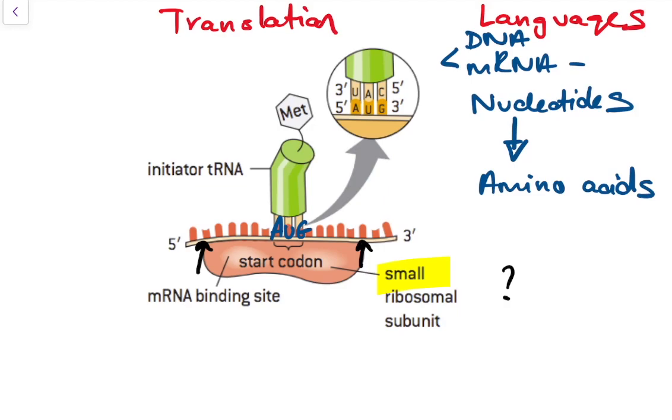Almost every translated mRNA will have this AUG. It's not quite a universal rule, but there are interactions there, and because of the structure of the ribosome, AUG will bind to it. So the small ribosomal subunit and the mRNA interact.